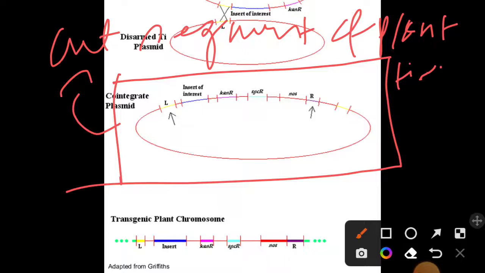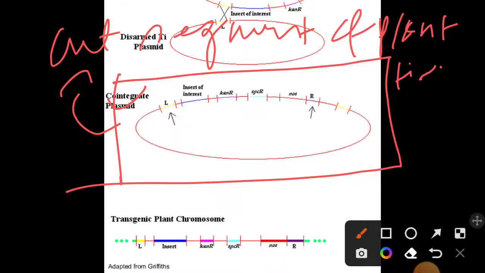Okay, so after the generation of that co-integrate plasmid and its transformation inside Agrobacterium tumefaciens, we will simply infect a cut segment of the plant tissue with the help of this co-integrate plasmid containing bacteria.